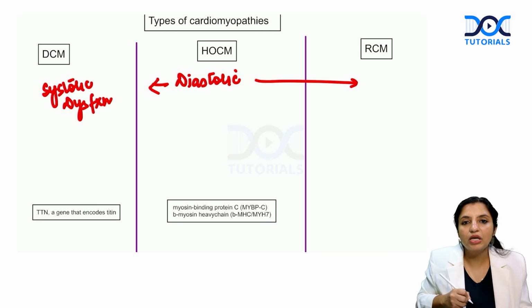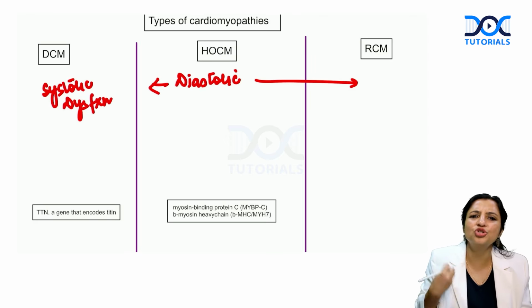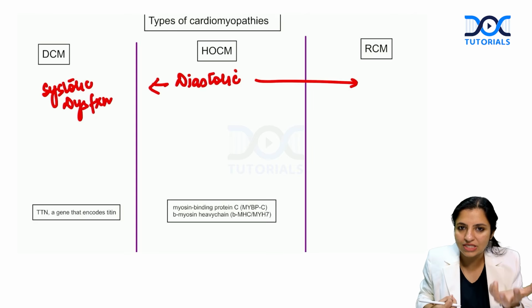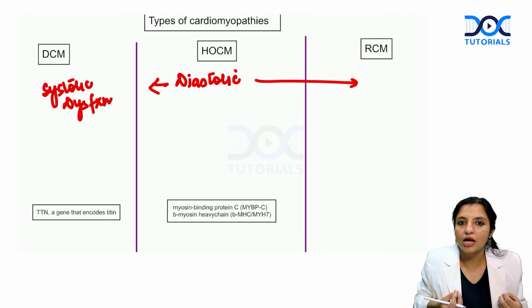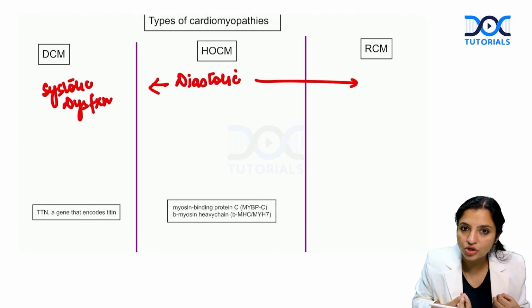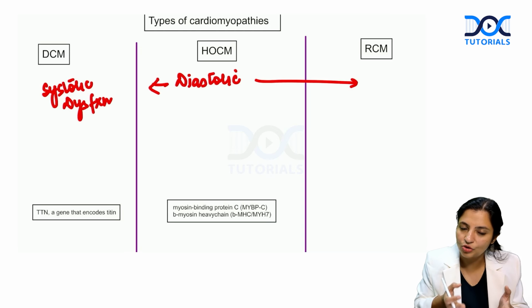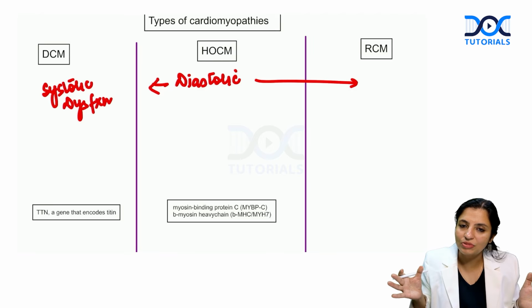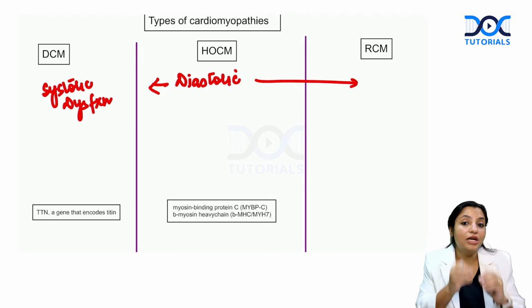Remember, dilated cardiomyopathy is a very common cardiomyopathy which usually occurs in the peripartum period, post myocarditis, or after any toxin. The most common cardiomyopathy in a hemosiderosis patient is also dilated cardiomyopathy. After toxins like cobalt, dilated cardiomyopathy is also very common. But genetic causes are also there.